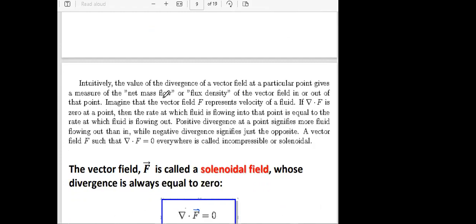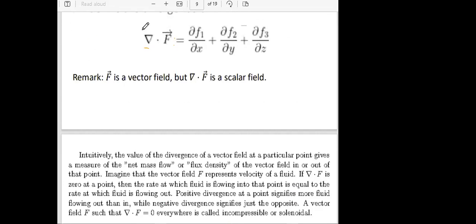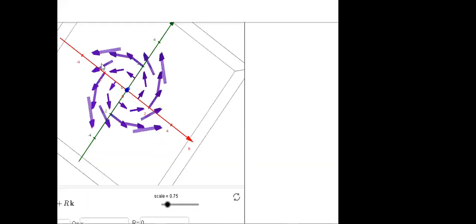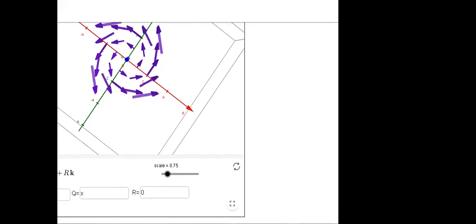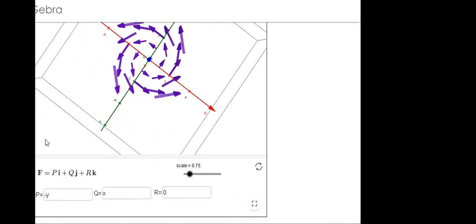So for instance here, let's say you compute the divergence of a vector field at a certain point, and here you have a two-dimensional vector field. What is the equation of this? So this is the equation.